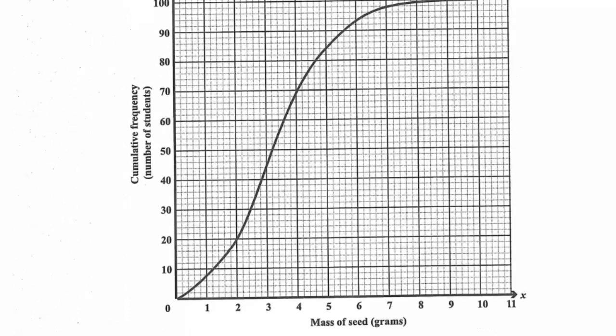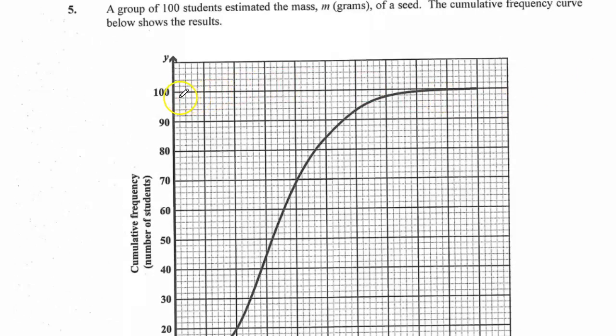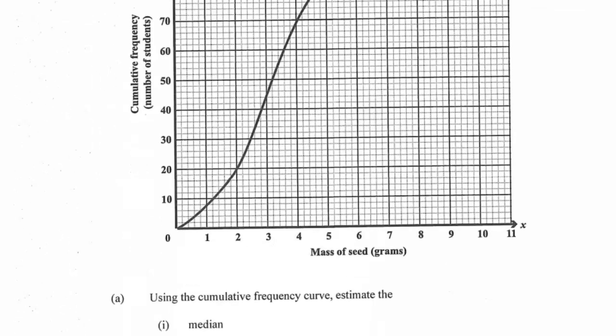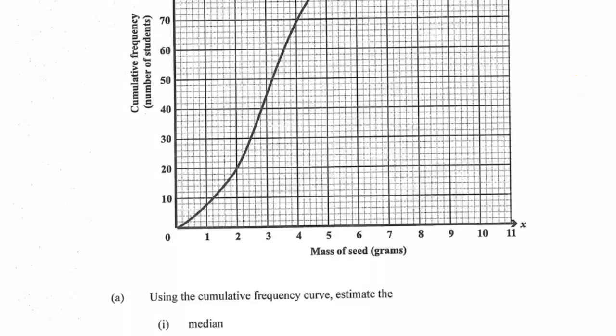Now notice the cumulative frequency went up to 100. So the median would be half of 100, which would be 50. So we draw a straight line from 50 to meet the curve.